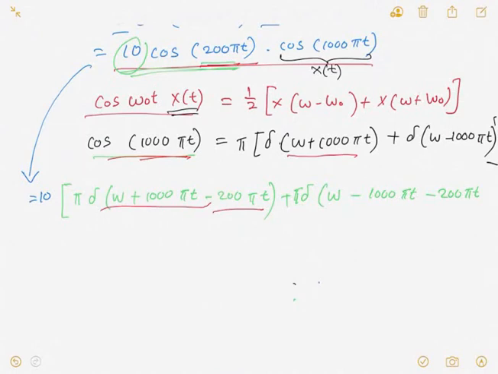Okay, so what else? Just now you have this part done. You still have one half, so you have to multiply with the half here. Okay.